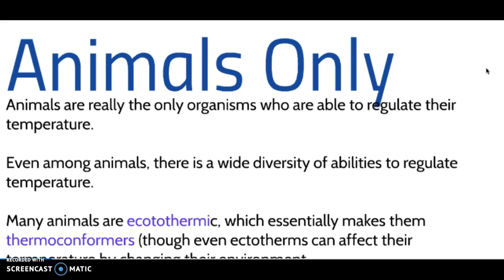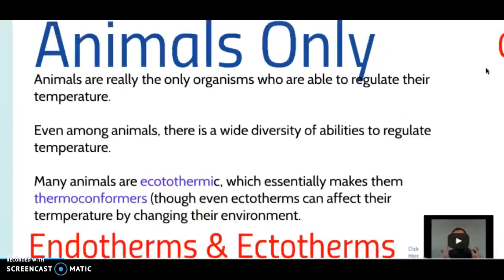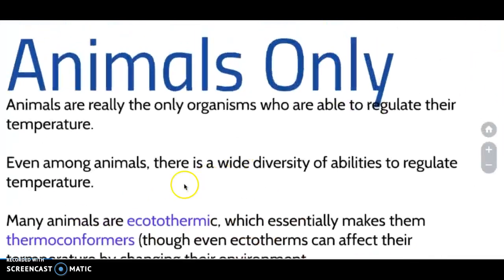Even though body temperature is maintained in mostly all animals, there are different types of regulations, and we can categorize animals based on how an animal regulates its body temperature. There's the endotherm, and then there's the ectotherm. So in here, it tells you about ectotherm. If an animal is ectothermic, we call them thermal conformers.